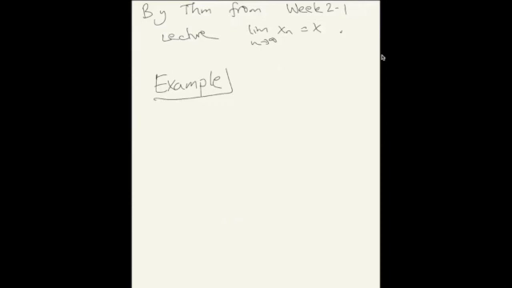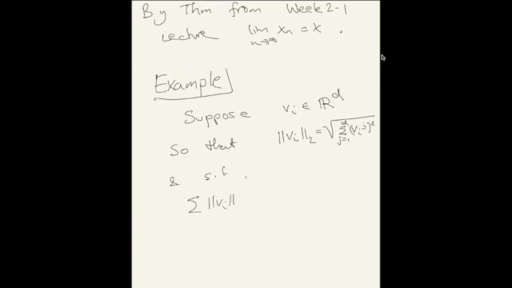Now, an example of this is that suppose v_i are vectors in R^d, so that the norm of v_i, the 2 norm, that is the square root of the sum over the components v_i^j squared, and so that the sum of the norms of v_i, i equals 1 through infinity, is less than infinity.